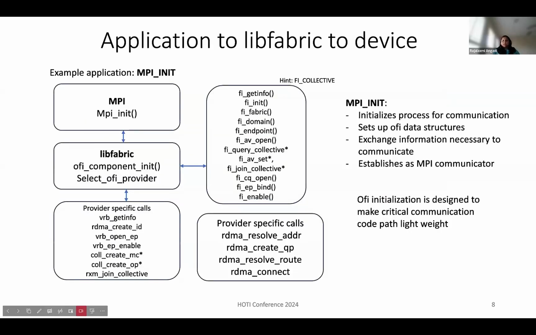So I think in the previous slide, we saw that at the top we have MPI, and then we have CCL. We have a shared memory provider, sorry, shared memory SHMEM, and we have the Libfabric layer, and then there is a particular fabric at the bottom, and its provider.